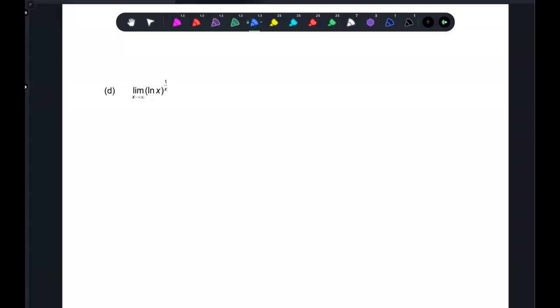Okay, I promise. So this is going to be infinity to the 0 power. I'm just noticing natural log of natural log.